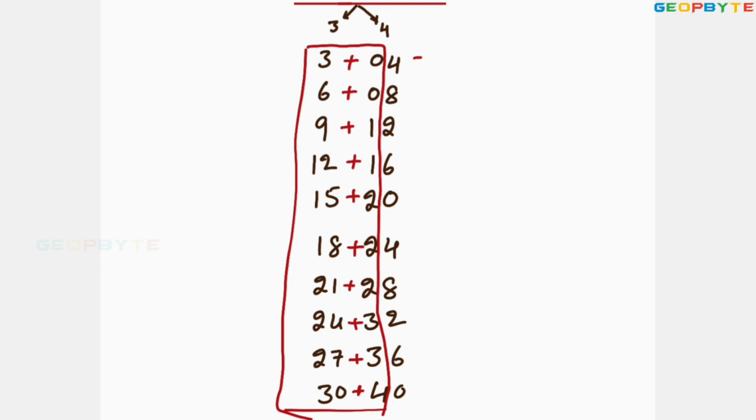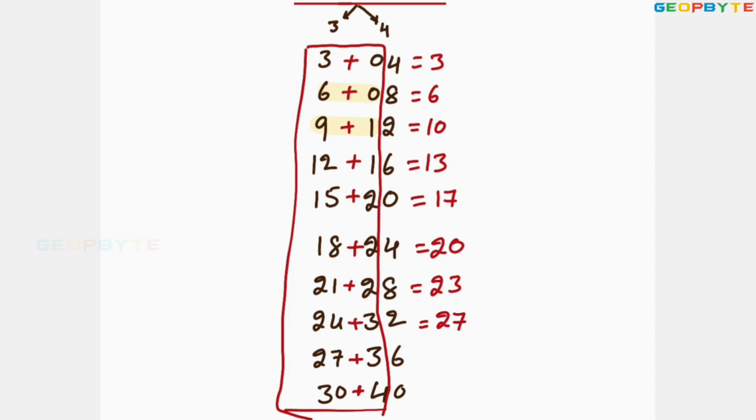3 plus 0, 3. 6 plus 0, 6. 9 plus 1, 10. 13, 17, 20, 23, 27, 30, 34.